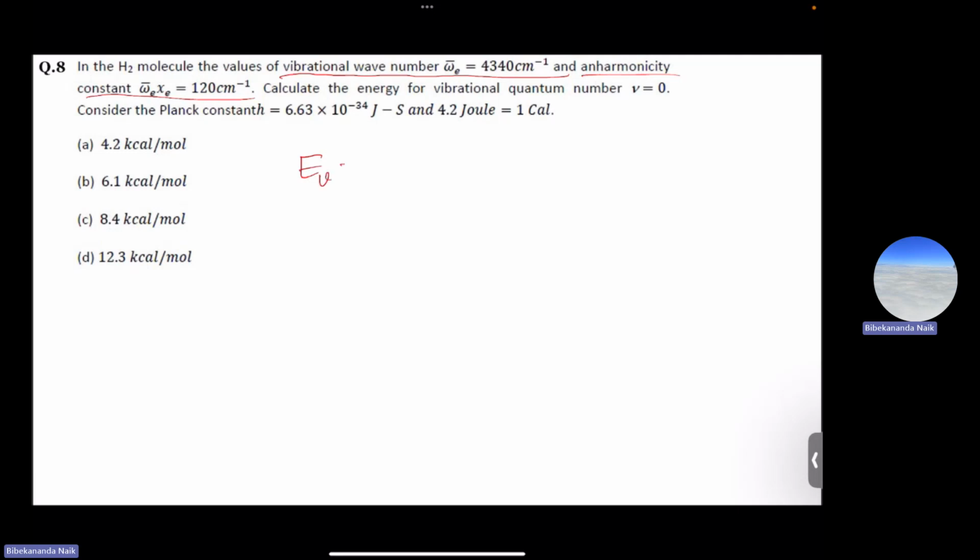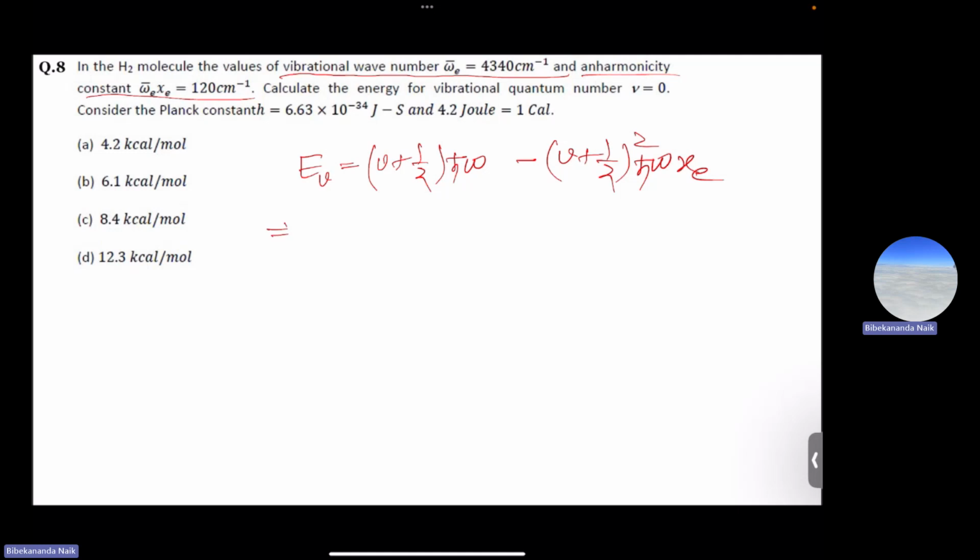Then E_v is written as (v + 1/2) ħω minus (v + 1/2)² ħω x_e.